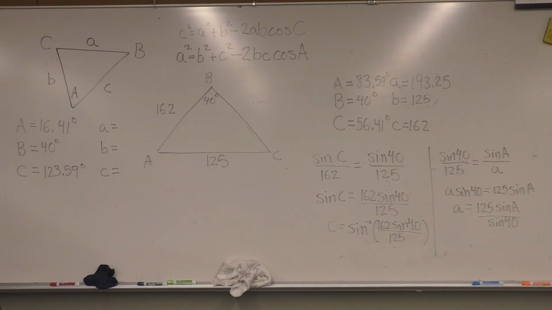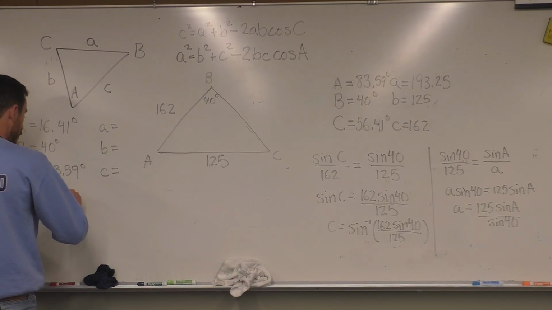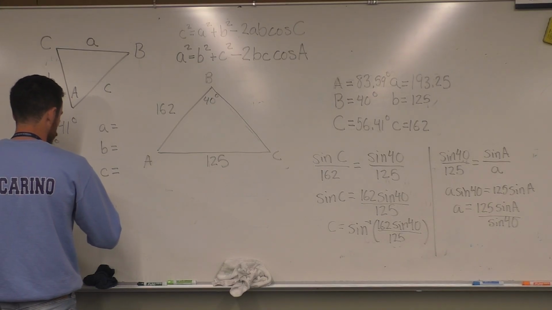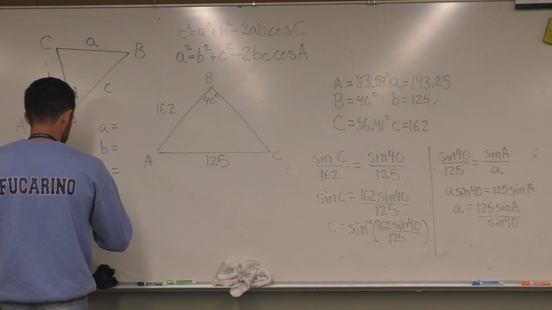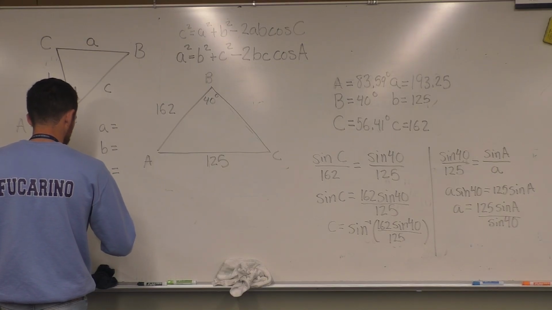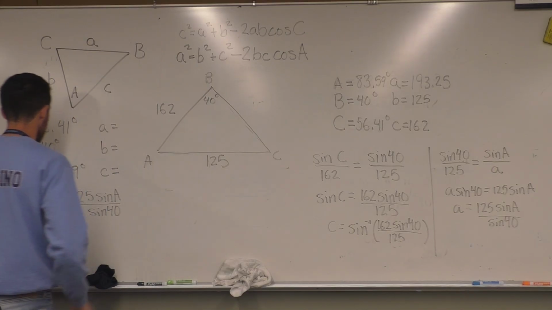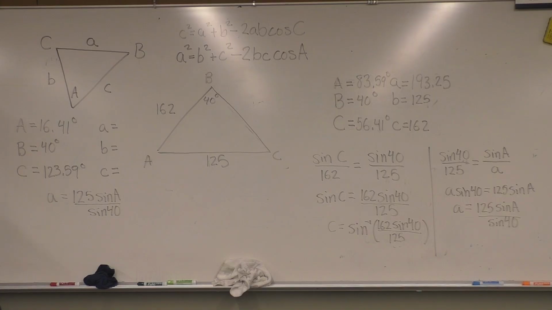The nice thing about the way that I wrote that is that in this triangle over here, A is still equal to 125 sine of A over sine of 40, except that A is 16.41.